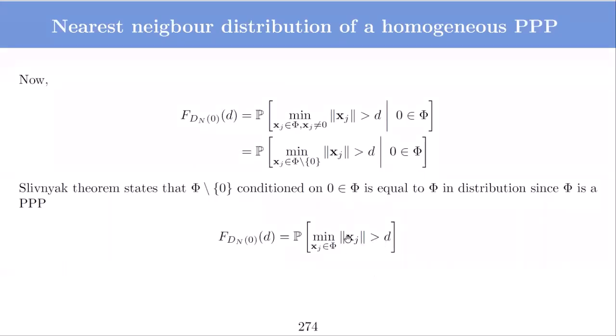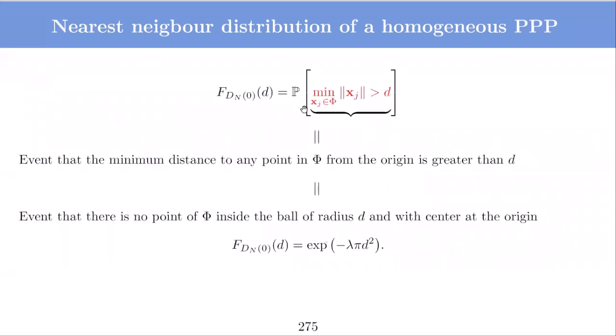If there is no point in the ball of radius d, then all xj will be outside, and if there is a point inside, then this condition will not be true. So it is the same as saying that the minimum distance to any point in phi from the origin is greater than d, which means there is no point of phi inside this ball of radius d centered at the origin.